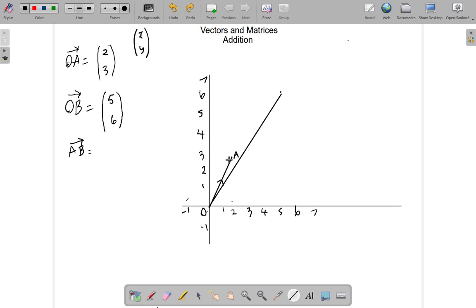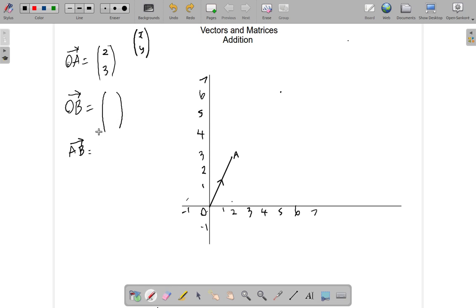But these two lines are too close, and I don't like how close they are. I had used 5, 6. Let's use 6, 5 instead. Let me get rid of that.